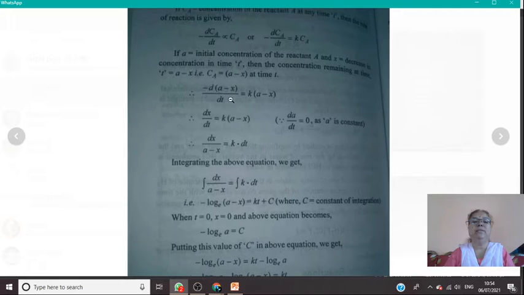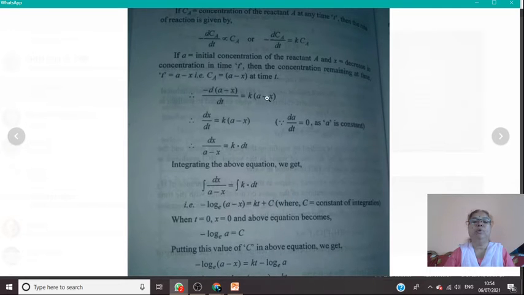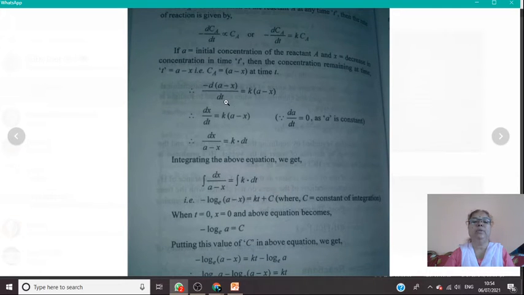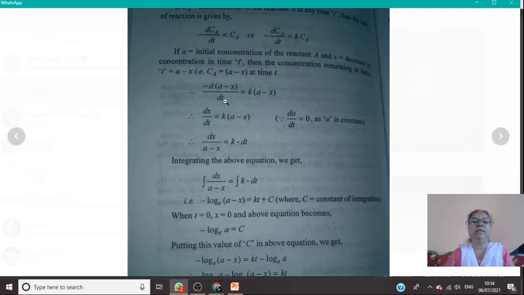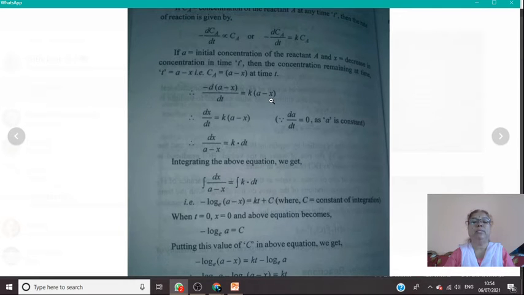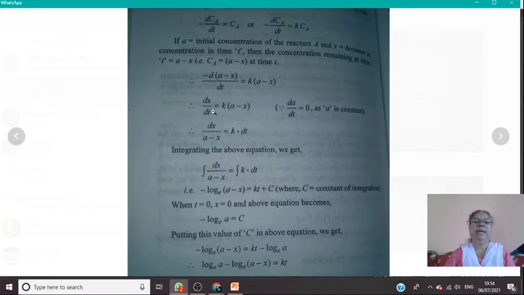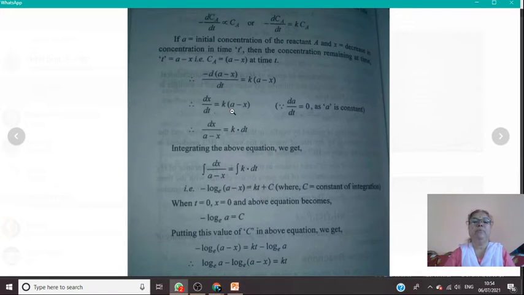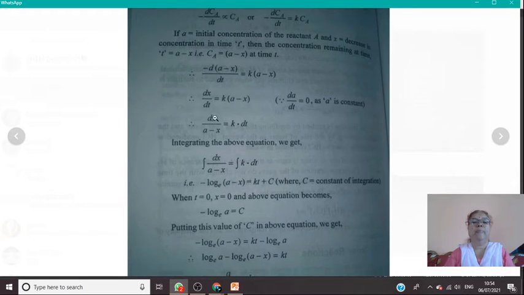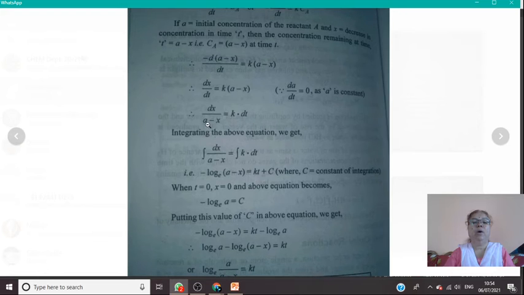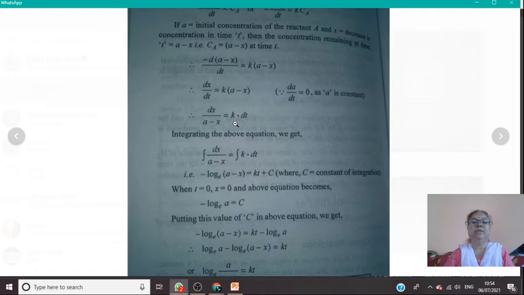Rearranging this equation, we put the term of the right hand side towards left and dt towards the right. Here we get dx by dt equals k(a minus x), so dx upon (a minus x) equals k into dt.